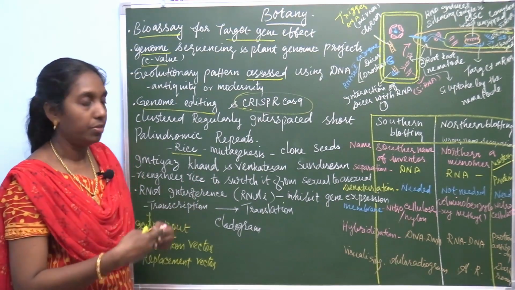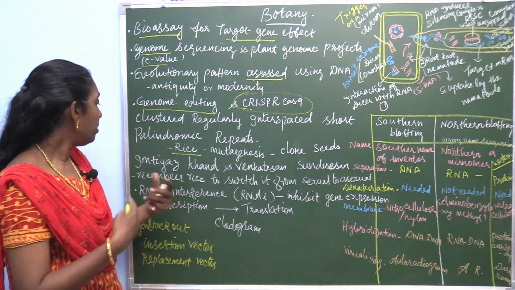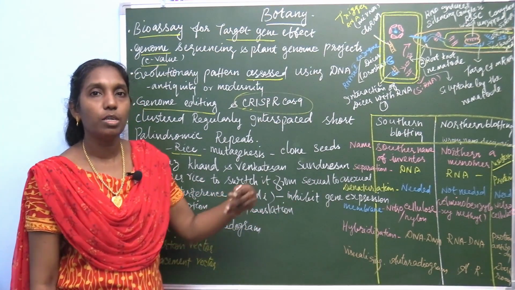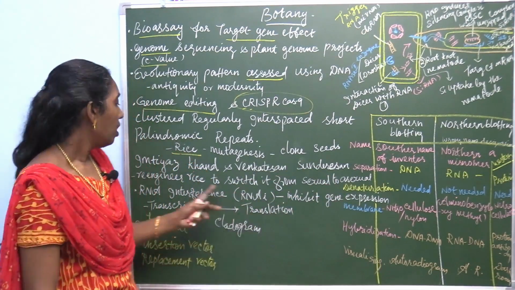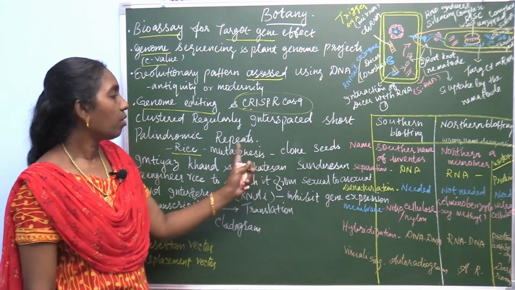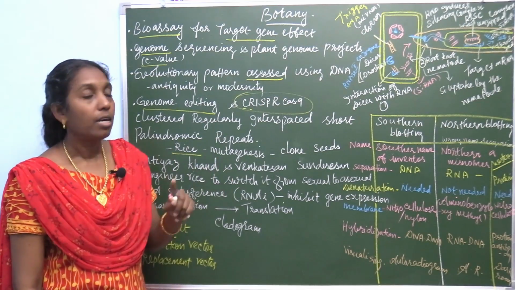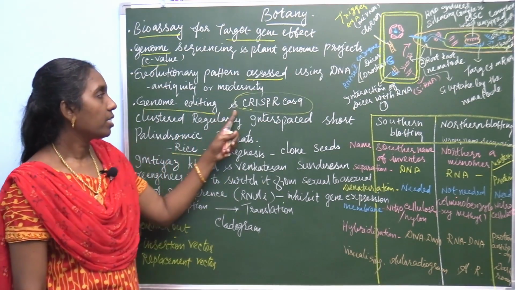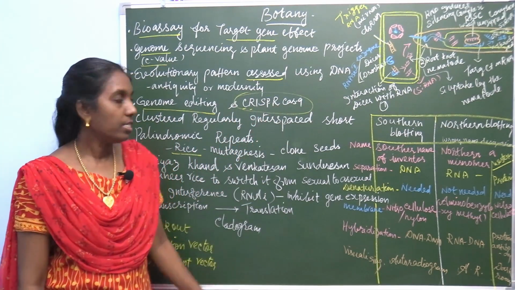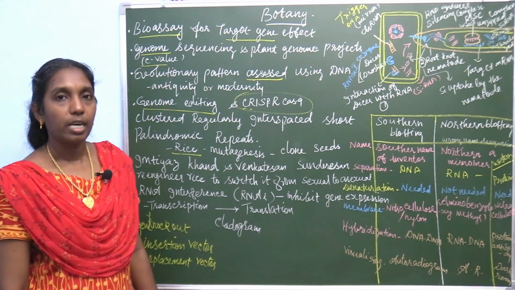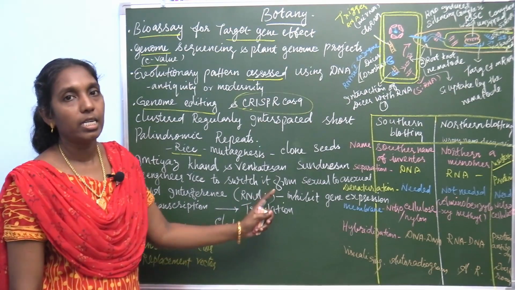What is the use of this mutagenesis? They re-engineered rice to switch it from sexual to asexual reproduction. That is the result of their work. The example of genome editing with CRISPR-Cas9 is mutagenesis of rice, which can be cloned by its seed.